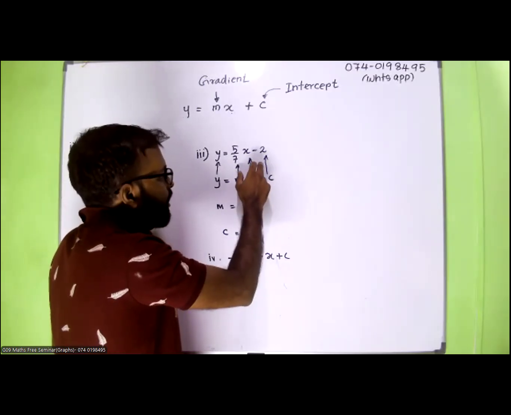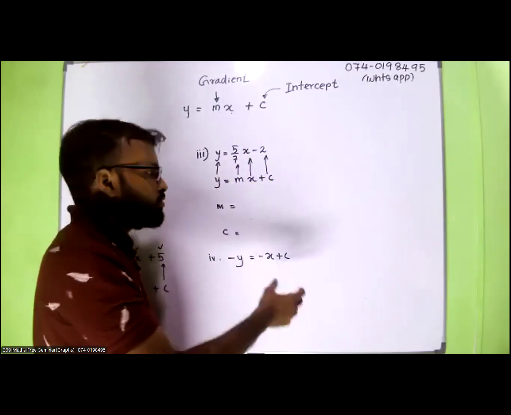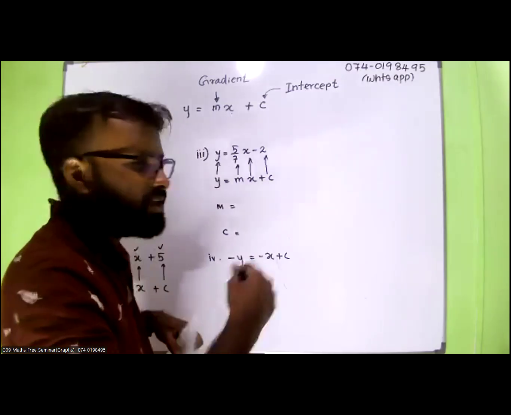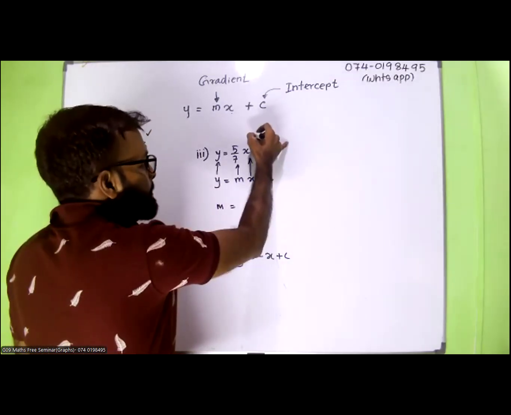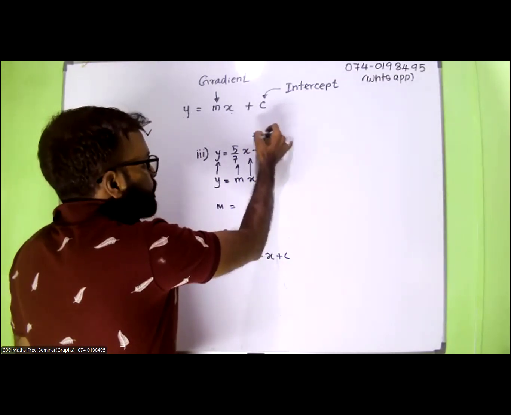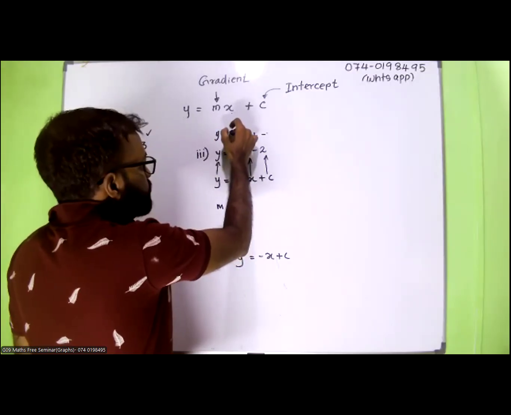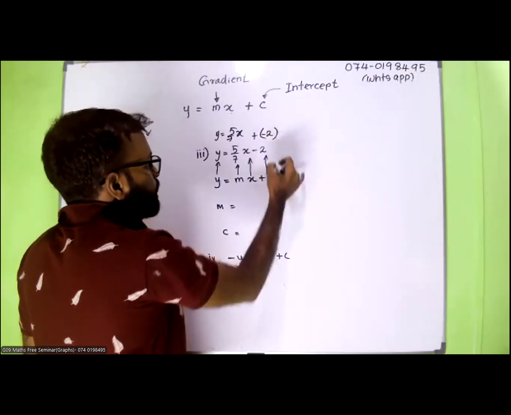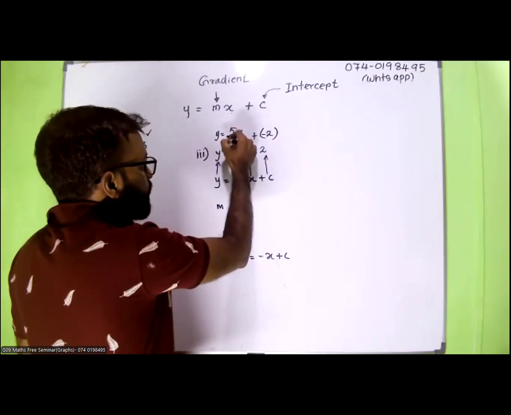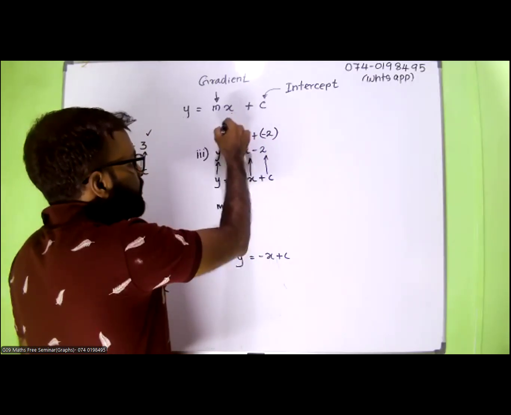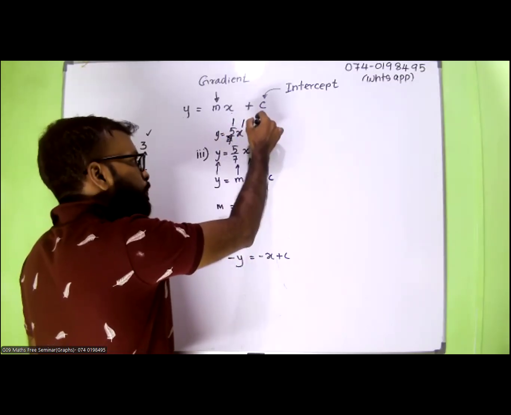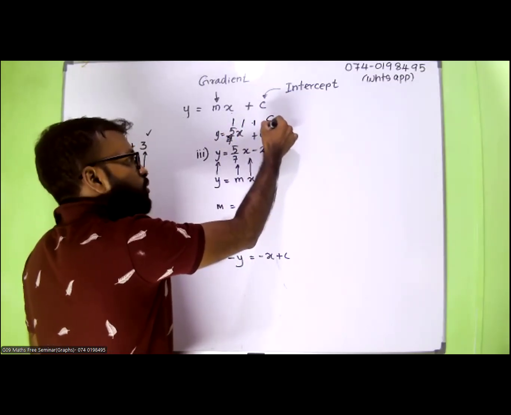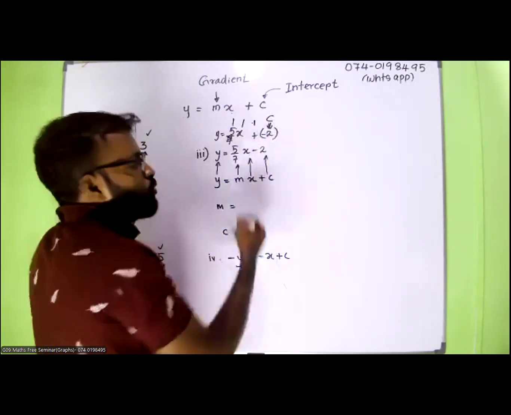Here you have plus c, but instead of plus c you have minus 2. So c equals minus 2. Plus into minus 2. So now this is in y equals mx plus c. So basically c equals minus 2.